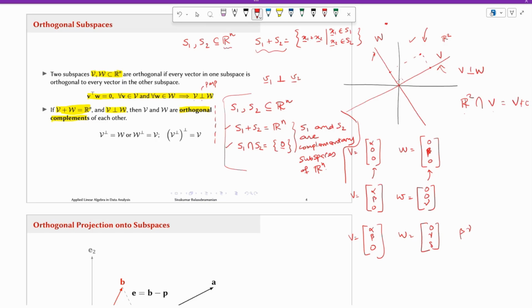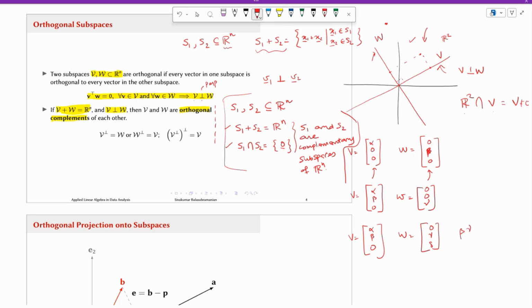XY is the floor. It's embedded in R3, but we are only worried about this plane in R3. And there is an X subspace and a Y subspace. They form complementary subspaces, right? If you add the two of them, you will get anything in the XY plane, and they only intersect at 0.